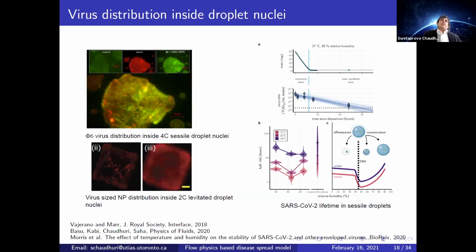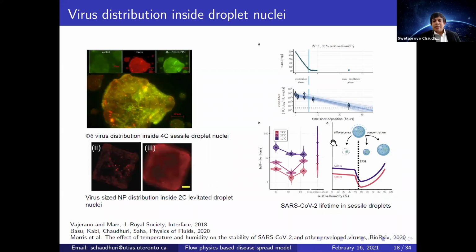And why does a virus survive inside the nuclei? Now, this we learn from the seminal works by Lindsay Marr's group. Basically, the virus gets distributed, gets entrapped inside the droplet nuclei, and they get kind of frozen.